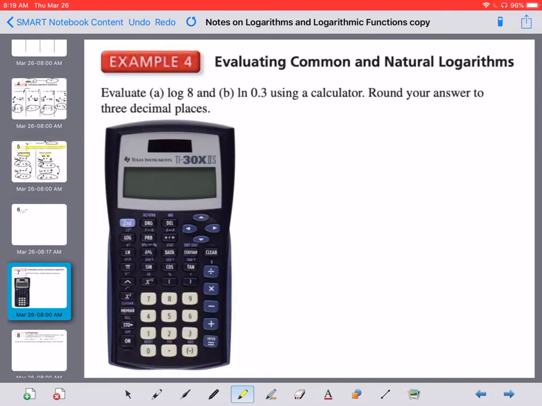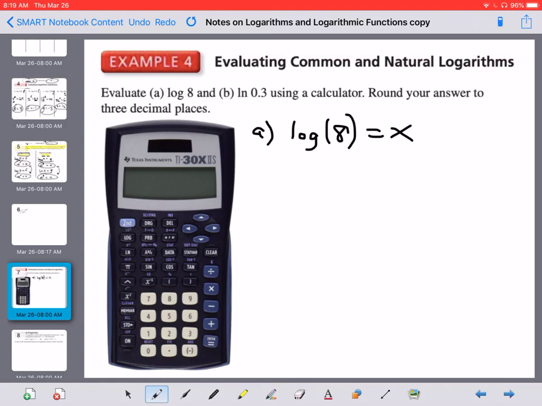Let's actually go ahead and calculate this on our calculator. Okay, starting with a. I'm going to calculate log of 8. And you know what? Let's just write equals x. We'll just give it some variable.